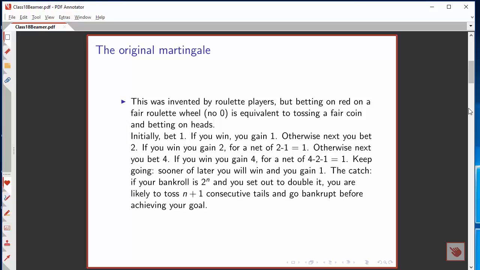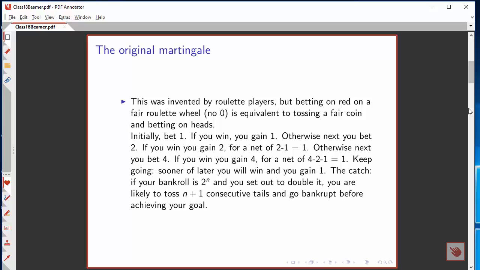And the theory of this is sooner or later you're going to win, and so you have a guaranteed gain of 1 chip. The problem is you need an infinite bankroll in order for this system to work, and it turns out that the probability that you will exhaust your funds is bigger and bigger as you go to more and more rolls.